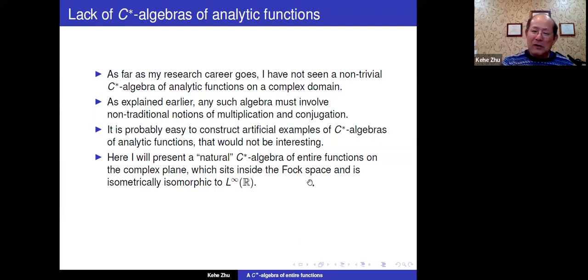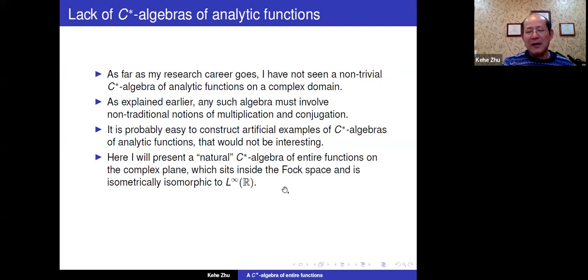And I need to warn you first that the example I have today, as a C-star algebra, is actually isomorphic to L infinity R, where R is the real line. So the algebraic structure itself, there's nothing new over here.